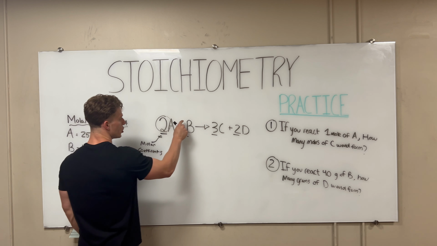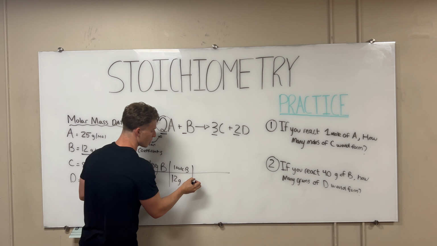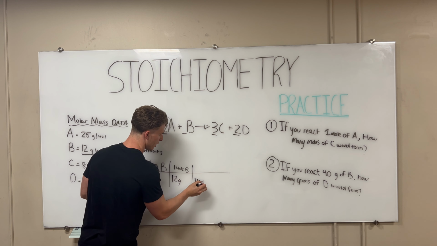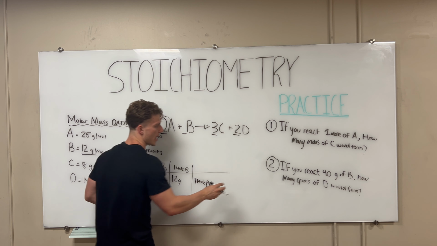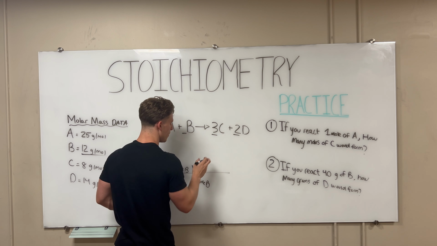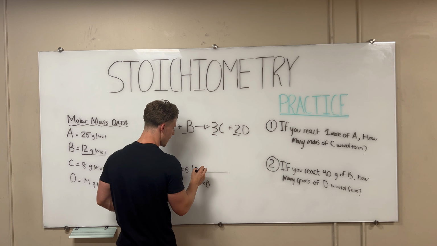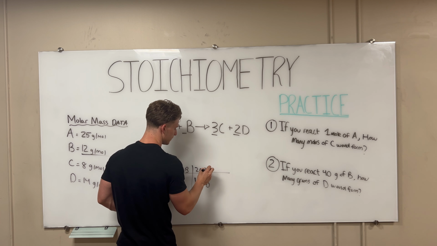So now we have successfully got moles of B. Now at this point, we're going to use stoichiometry because every time this reaction runs once, we are going to react 1 mole of B, okay, for every 2 moles of D that we're going to produce. Okay, so for every time we run this reaction, right, we have 1 mole of B reacting to produce 2 moles of D. However, we need to get grams of D, okay?